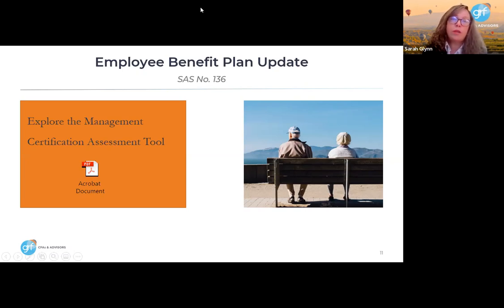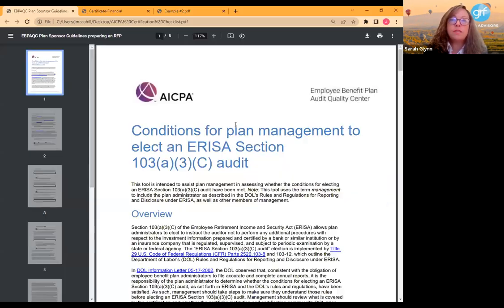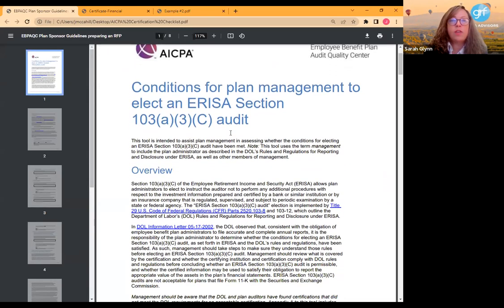It's quite easy to read. It gives an overview and background of the ERISA 103 audits, and at the end, it has a few questions. They mentioned that the DOL has determined that it is the plan sponsor's responsibility to determine whether an ERISA 103 audit is permissible, which is why they are requiring the plan sponsors to perform these additional procedures over that certification.